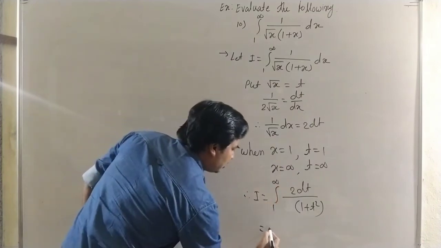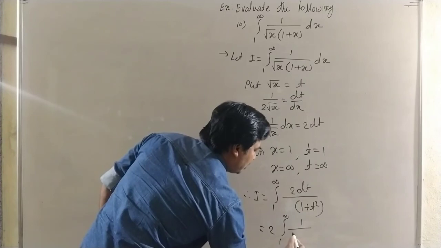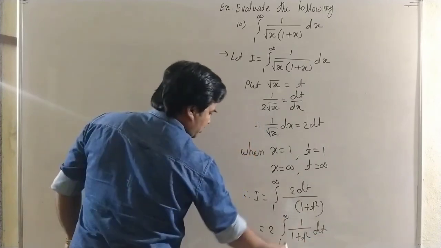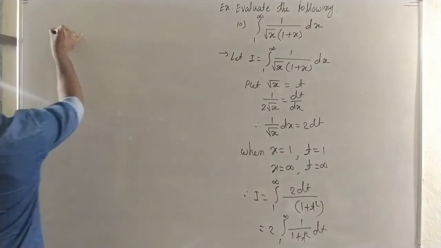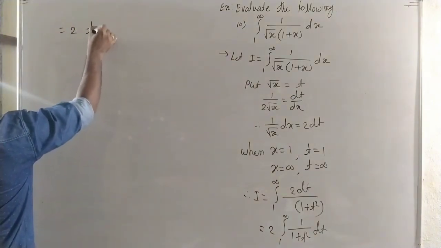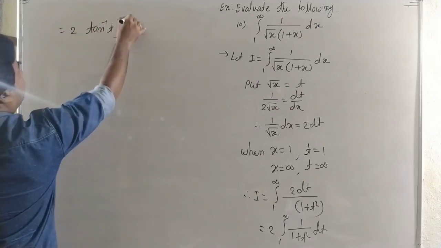Now 2 can be written outside the integral, 1 upon 1 plus t square dt, which is a standard integral, so we can write 2 into tan inverse of t, with limits 1 to infinity.